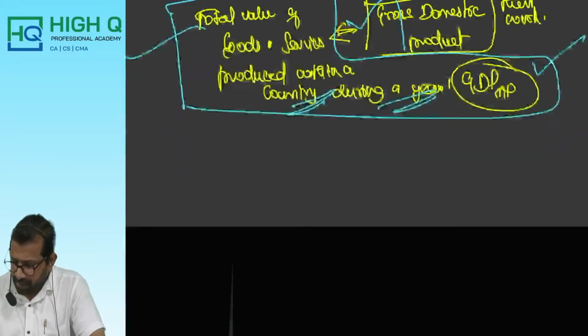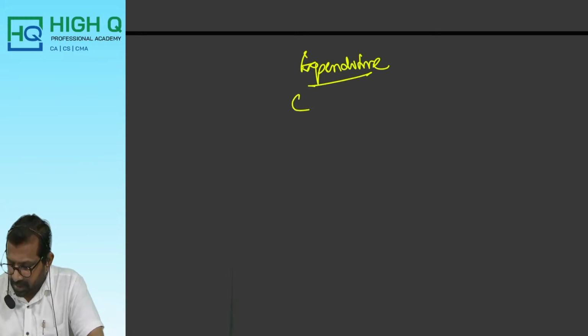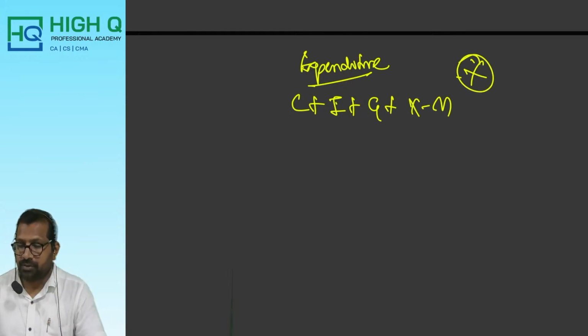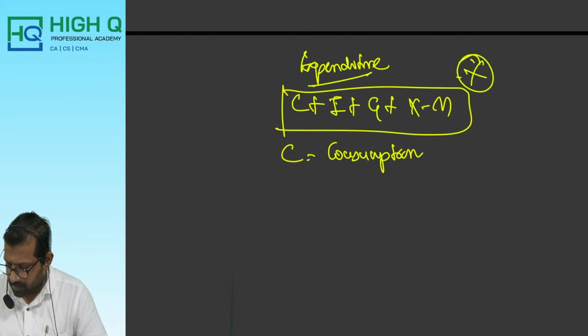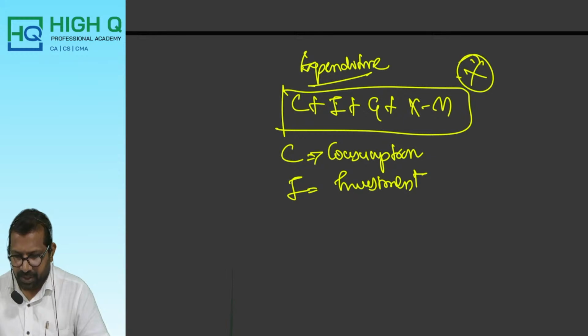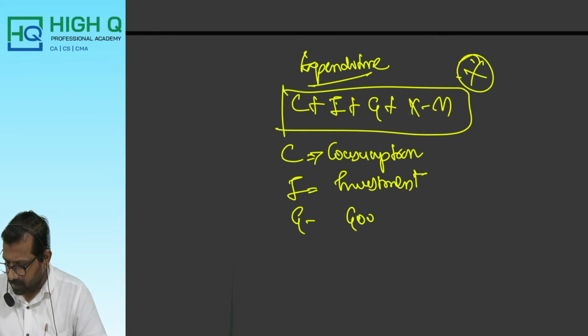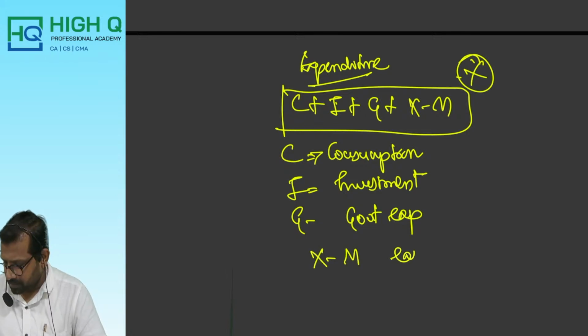And what about expenditure method? Expenditure method: C plus I plus G plus X minus M. Again, an important question for your examination. C for consumption, I for investment, G for government expenditure, X minus M for export minus import.